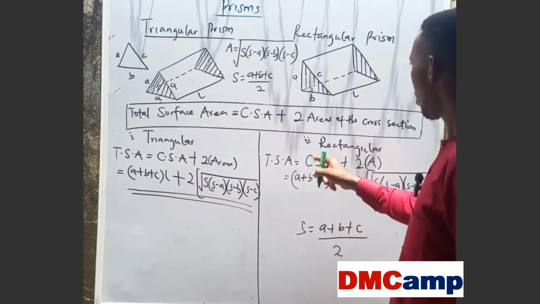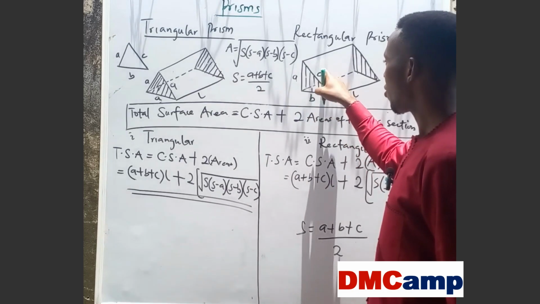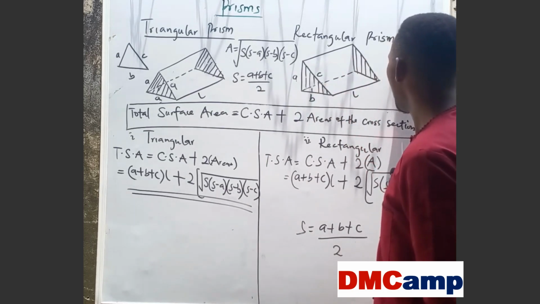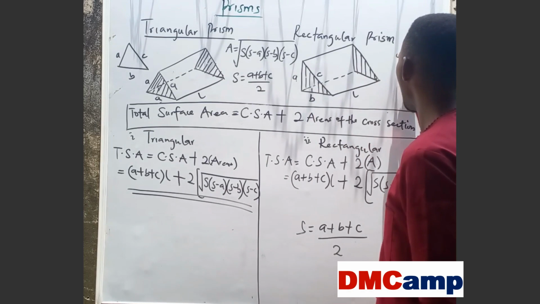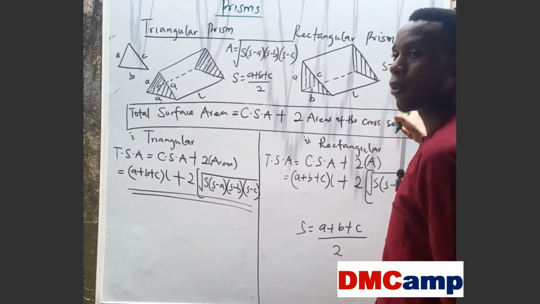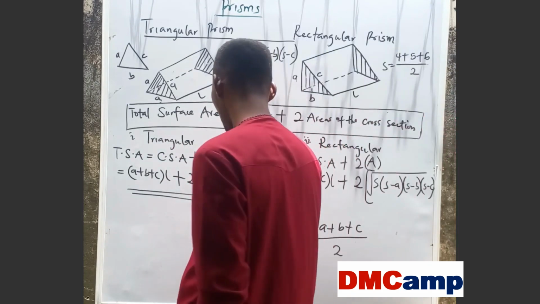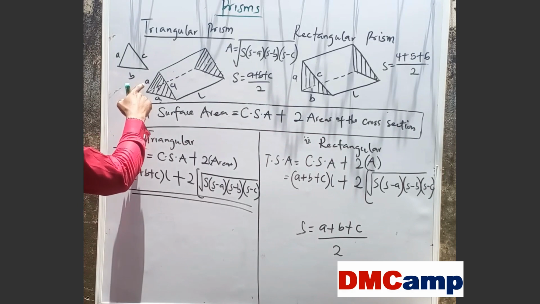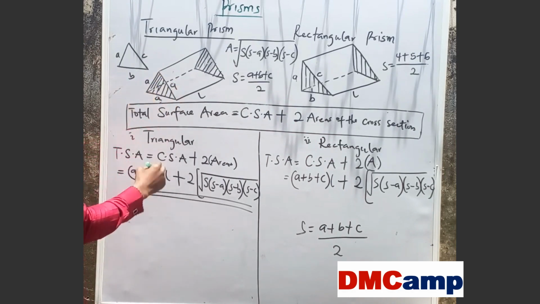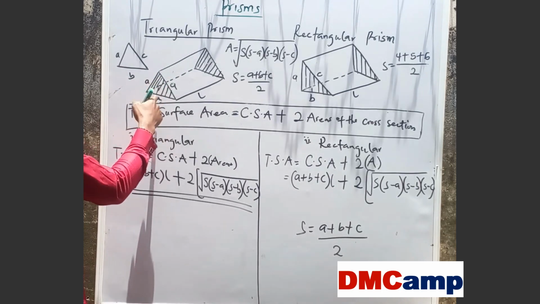That is, let's say, if you have 4 here, 5 here, 6 here, that will be 4 plus 5 plus 6 all over 2. That will give you S here. But here, in a triangular prism, if you have all the sides equal, let's assume this is 10, this is 10, and this is 10.